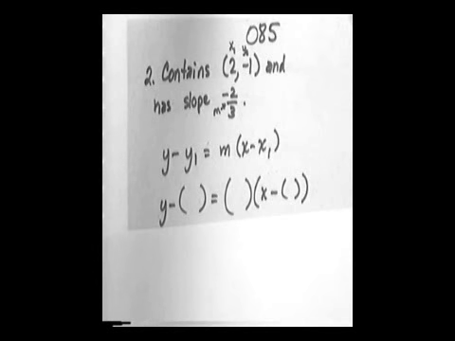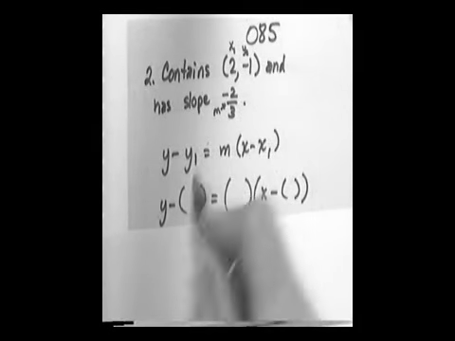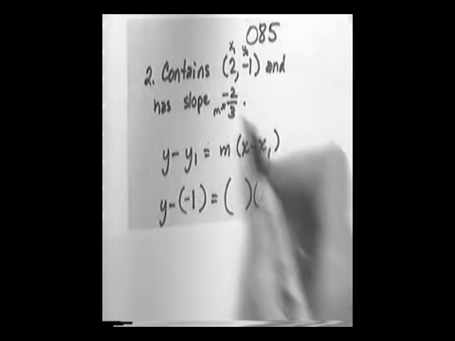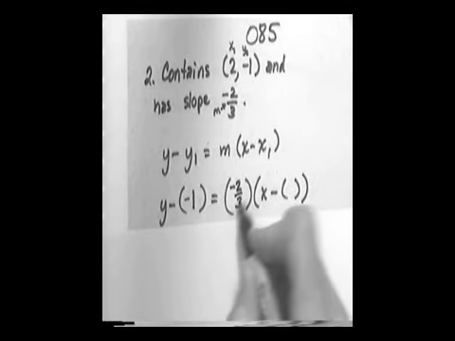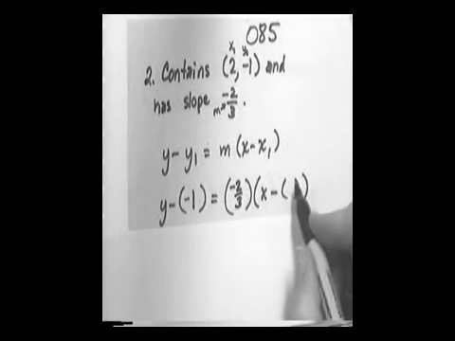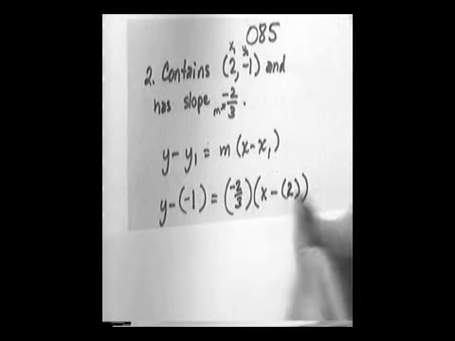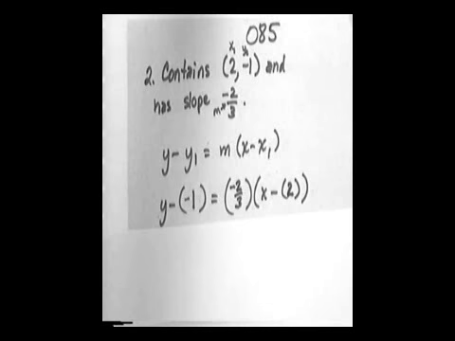So in place of y1, I write -1. In place of m, I write negative 2/3. In place of x1, I write 2. And then we simplify. y subtract negative 1 means y add 1.